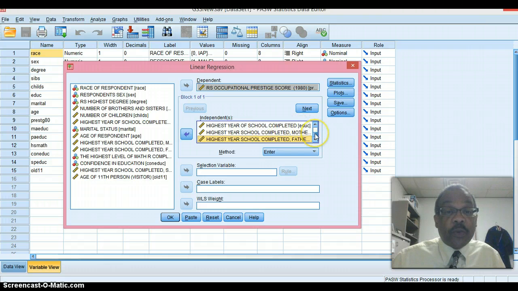So I'll scan through 1, 2, 3, age, number of brothers and sisters, number of children, highest year school completed, highest year completed by mother, highest year school completed by father. These seem to be the correct ones.